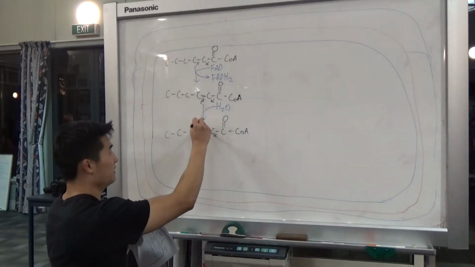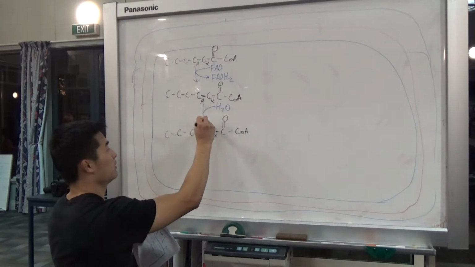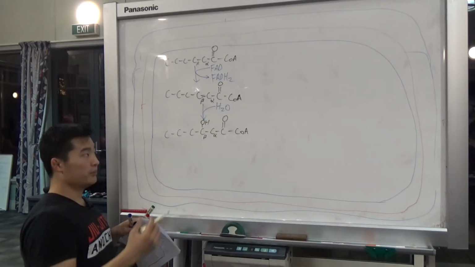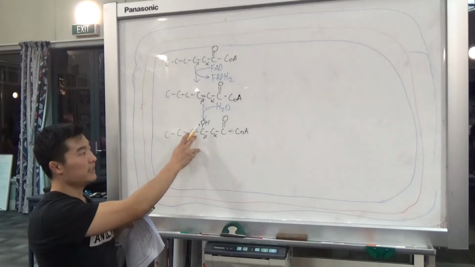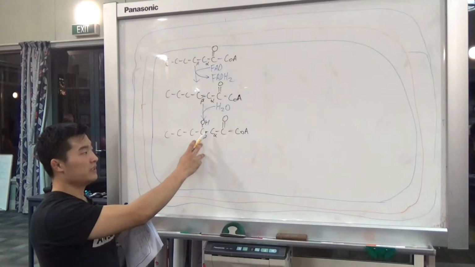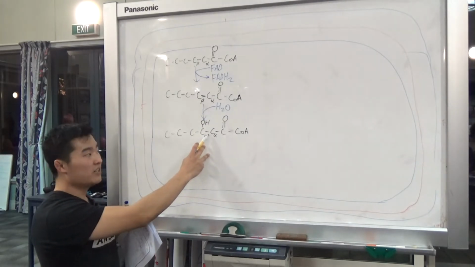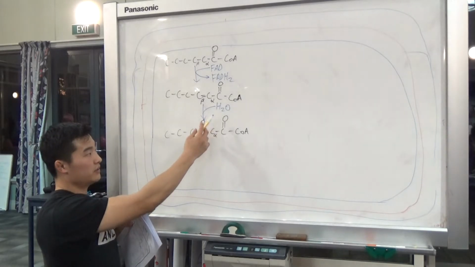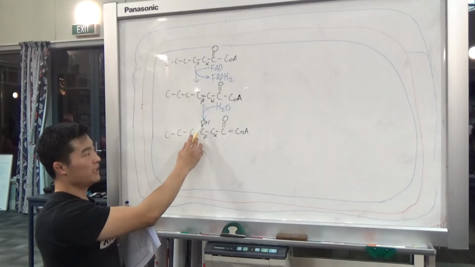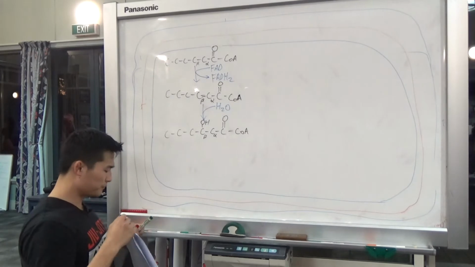We now have a hydroxyl group, an OH, added to the beta carbon, and the double bond is gone now. So we've added the water, and we've got an OH group on the beta carbon.